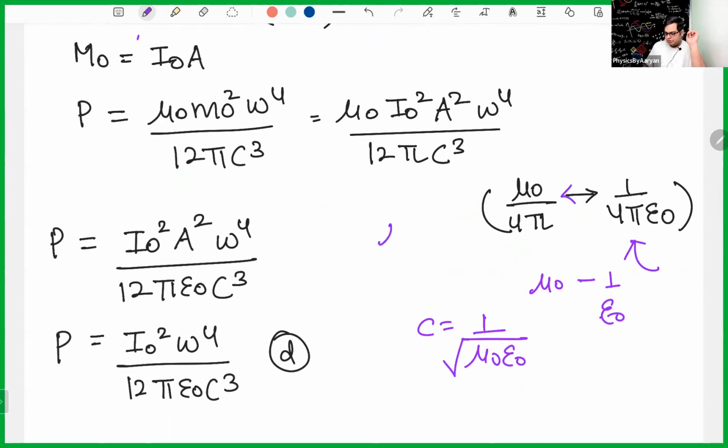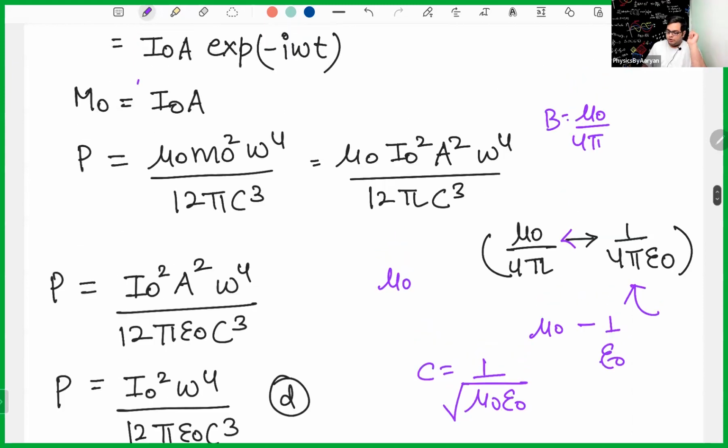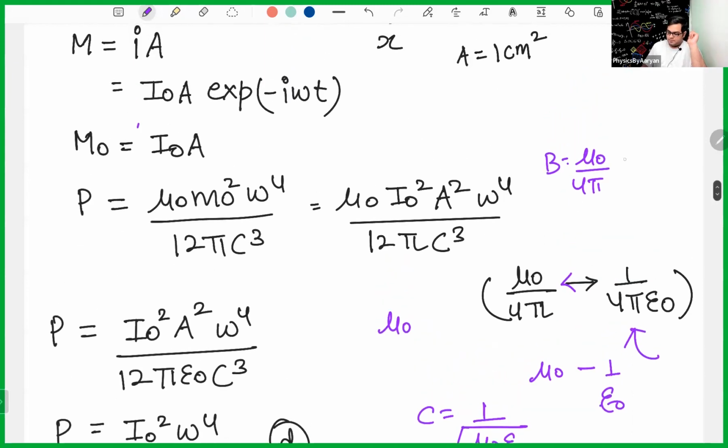In magnetism, when you write the magnetic field, you get nu naught by 4 pi I dl by r cube. Or if I write the magnetic field due to the magnetic dipole moment, you will get nu naught by 4 pi 2m by r cube. This is because of the magnetic dipole, and this is because of the electric dipole.